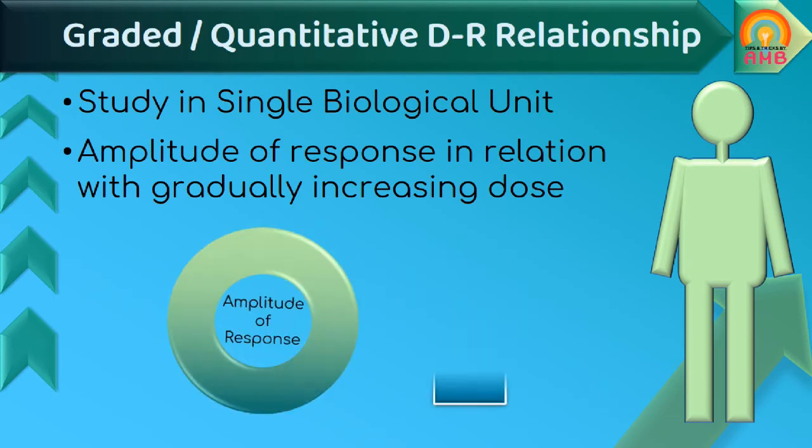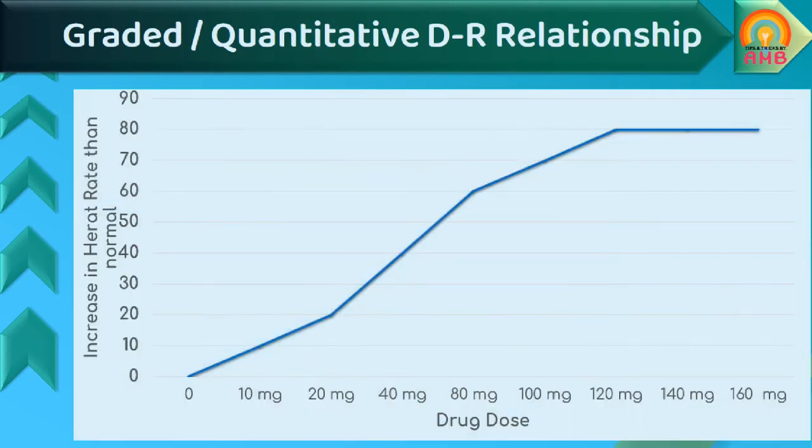What happens if the dose of a drug is increased in a gradual manner in an individual? As the dose of the administered drug to a single subject is increased, the pharmacological response also increases in a graded or gradual fashion.